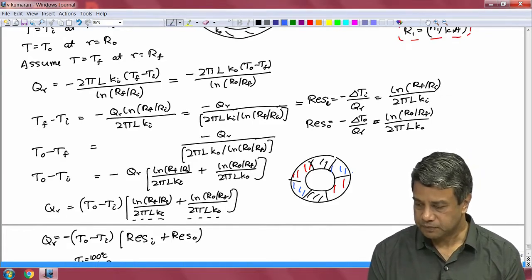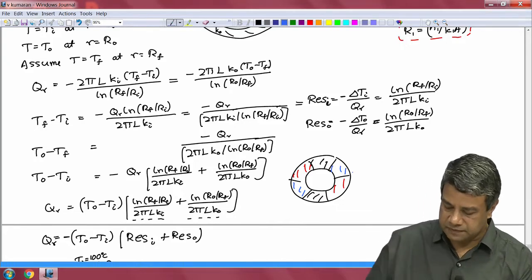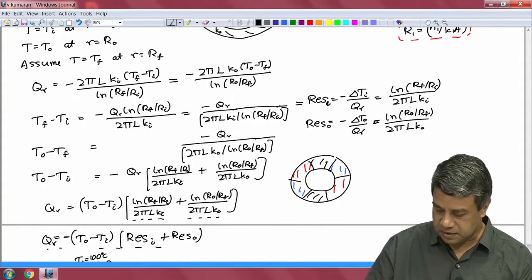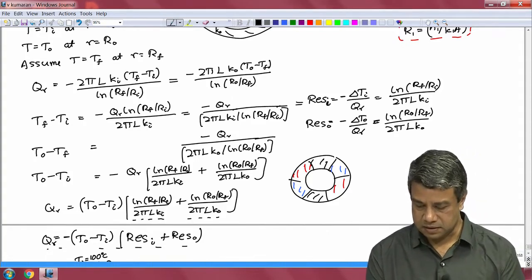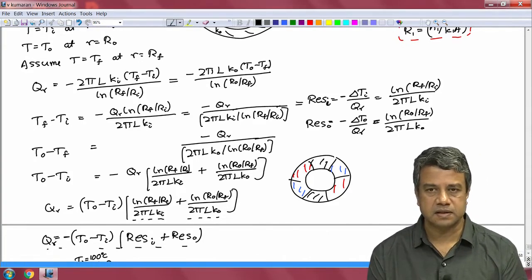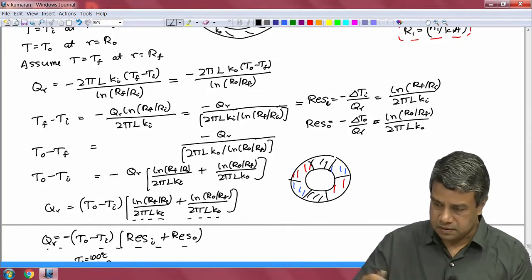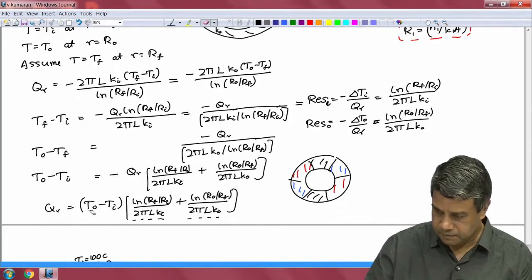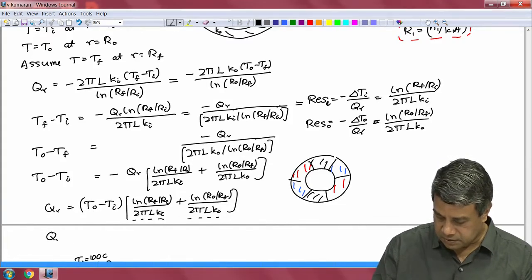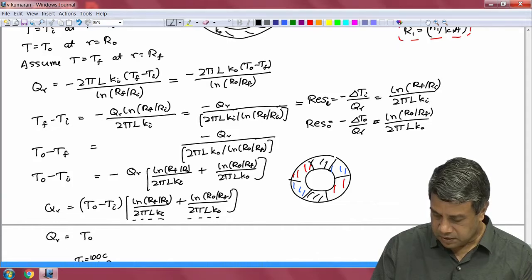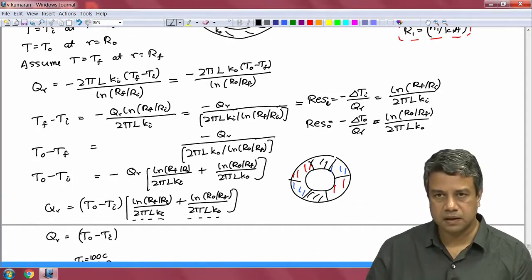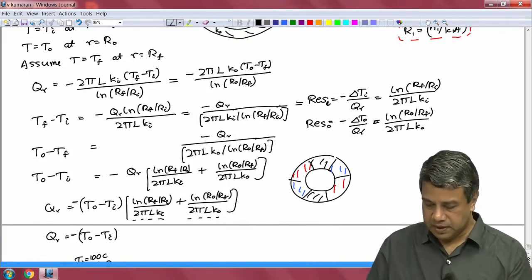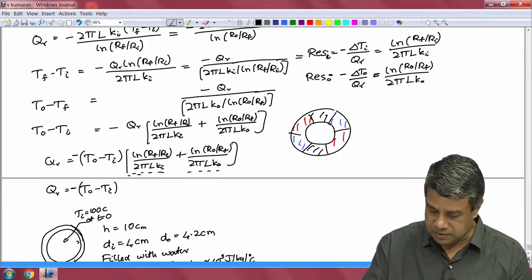So, for the heat transfer rate, we can just define the total heat transfer rate as the difference in temperature times the sum of the resistances. Sorry, I should define it the other way. So, this Qr is equal to T naught minus Ti, with a negative sign, and the sum of these two resistances.